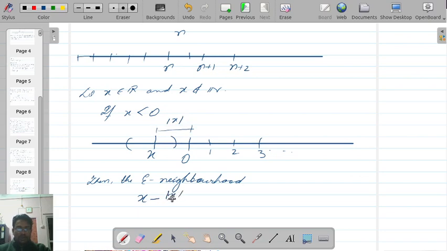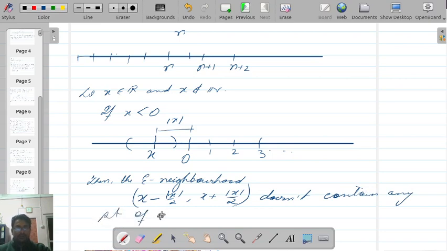So x minus mod x by 2 to x plus mod x by 2. This neighborhood does not contain any point of the set of natural numbers, because this will be a subset of the negative real numbers. So if x is a negative real number, it cannot be a limit point of the set of natural numbers.